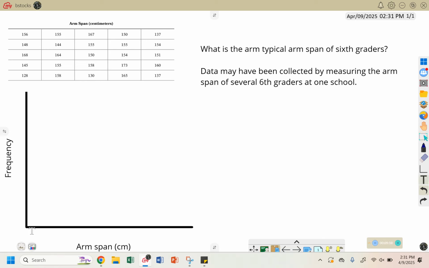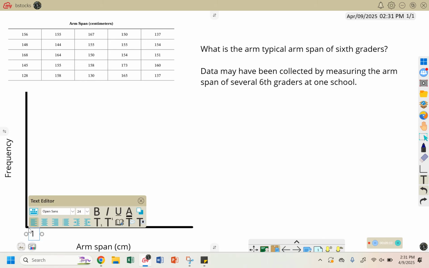I'm going to include arm span lengths from 130 to 140, then 150, 160, 170, and 180.